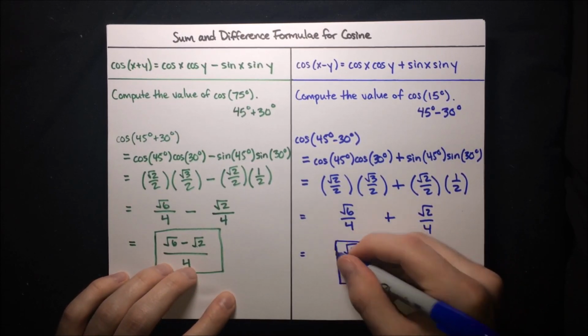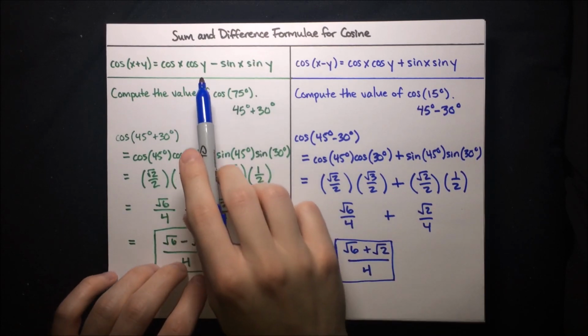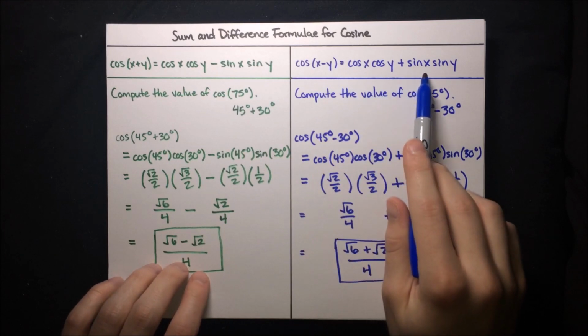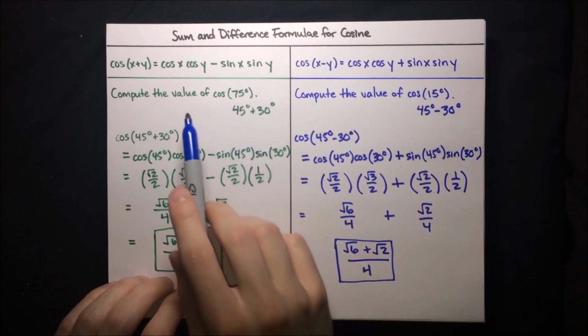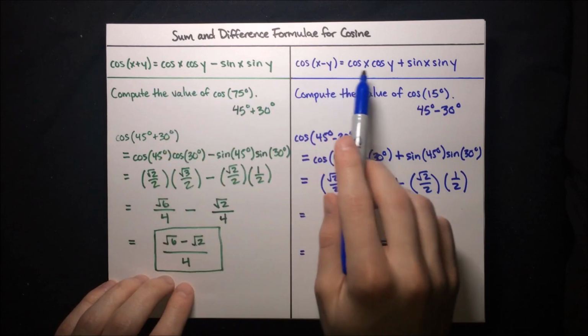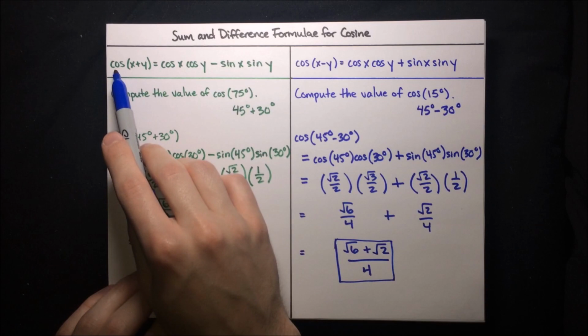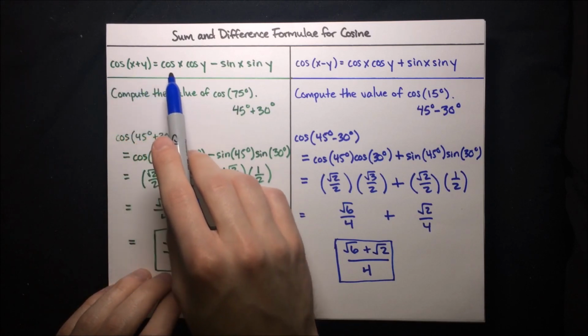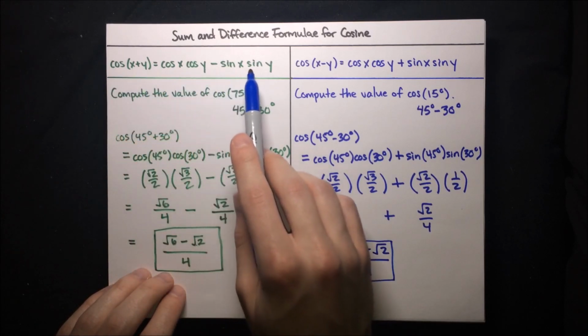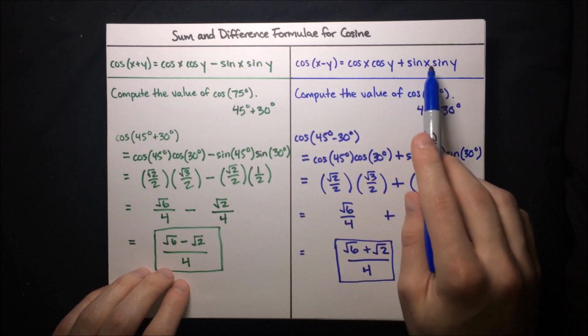We are done. Okay, and before we go on, let's just take a look at these formulae again and see if there's an easy way to remember them. Just remember that they both start with cosine times cosine, and then they both end with sine times sine. So cosine of the sum is cosine cosine minus sine sine, and cosine of the difference is cosine cosine plus sine sine.